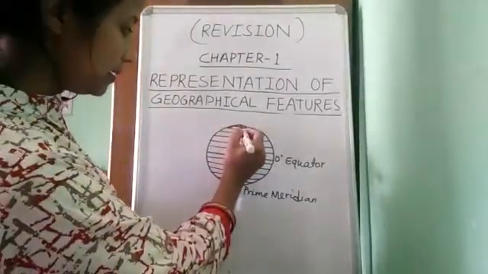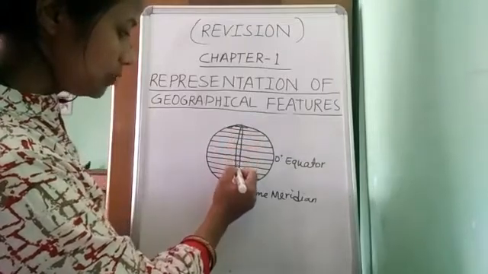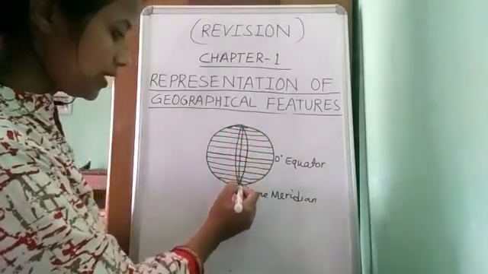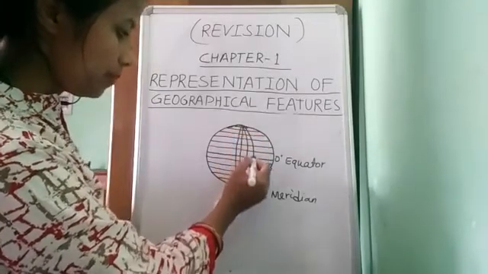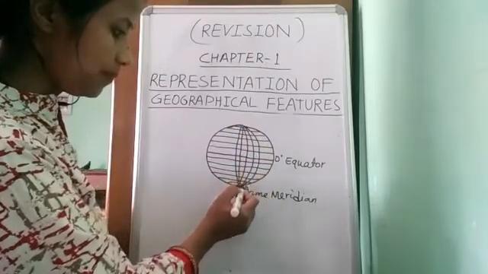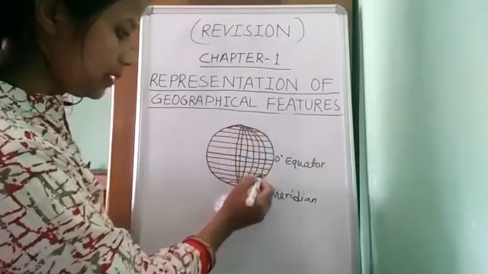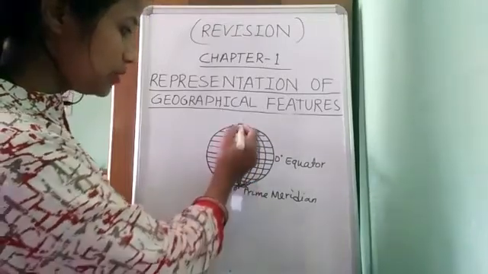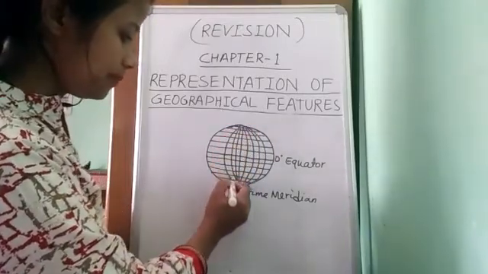And how many lines of longitudes are there? 360. Longitudes, they are 360, and latitudes, they are 180.